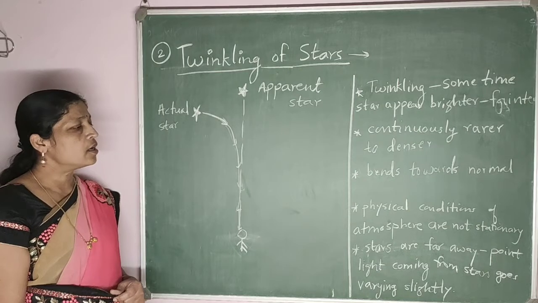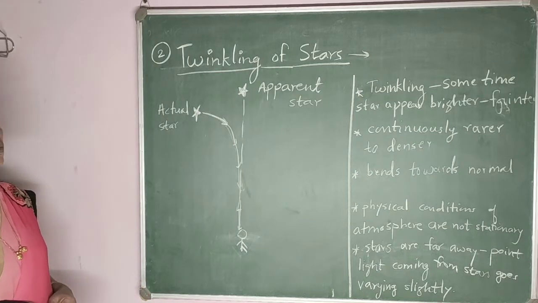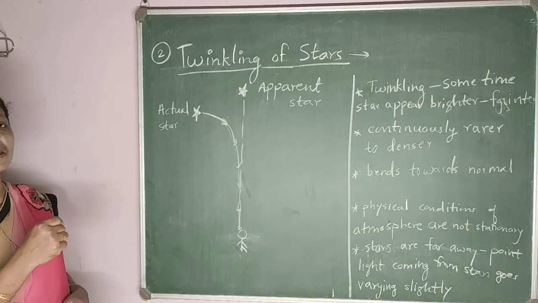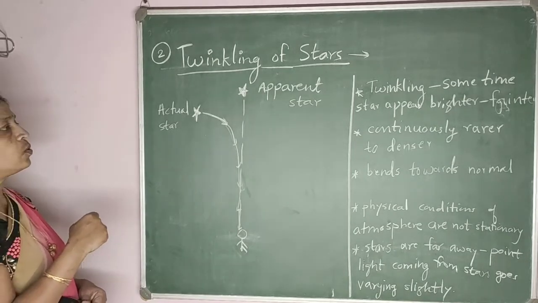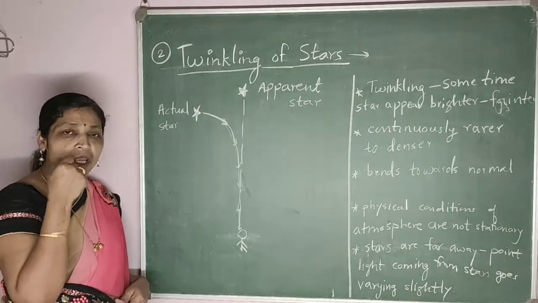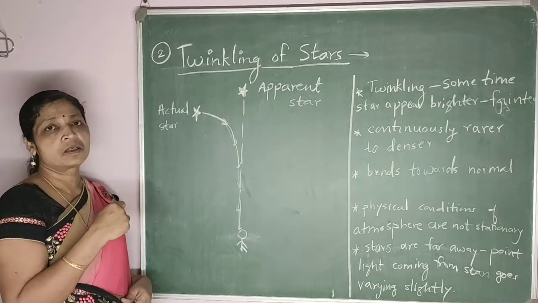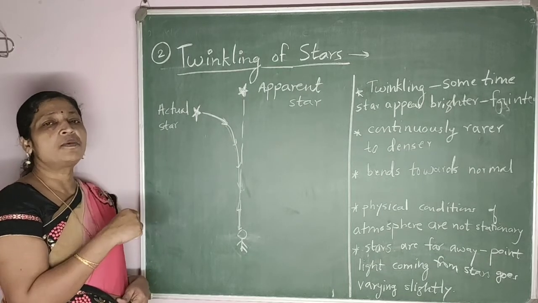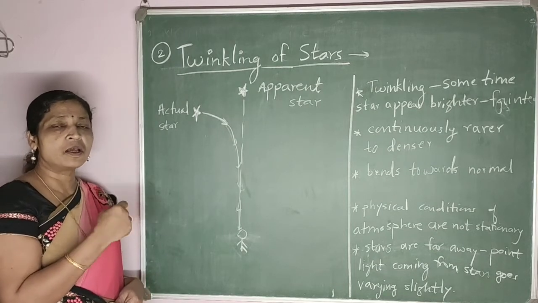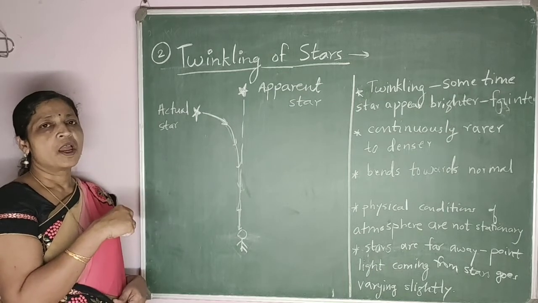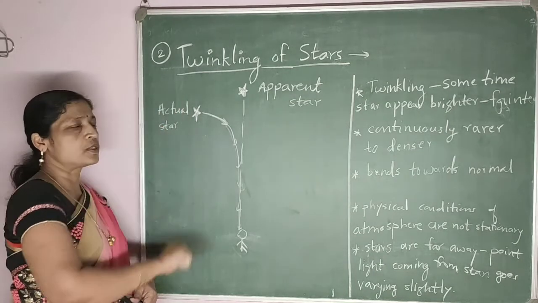So the starlight which is entering into the earth's atmosphere changes its path slightly, and due to that the amount of starlight which is entering our eye fluctuates, and sometimes the star appears brighter and sometimes fainter. And this is known as twinkling of stars.